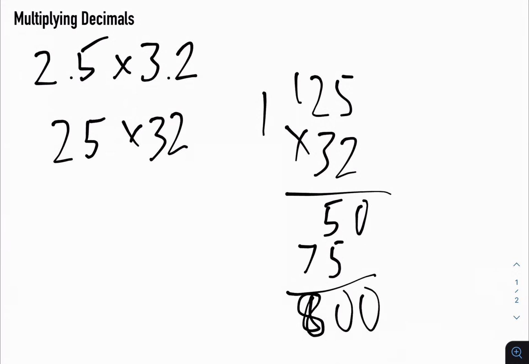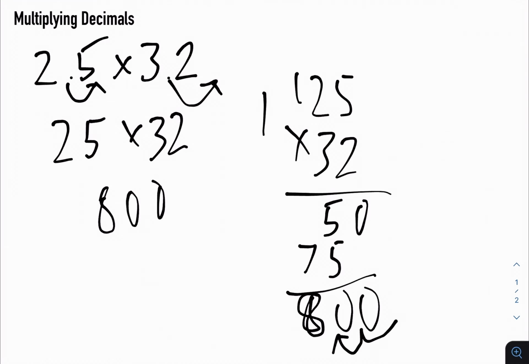So that means 25 times 32 equals 800. And then since there are two digits in total that we moved back the decimal points from, we put the decimal points 2 places away from the right side. So that means the answer to 2.5 times 3.2 equals 8.